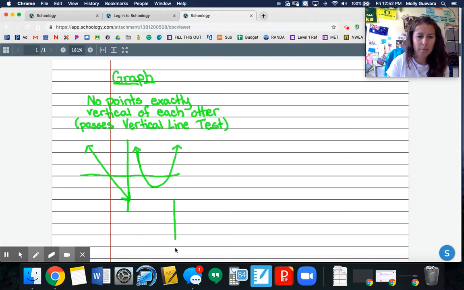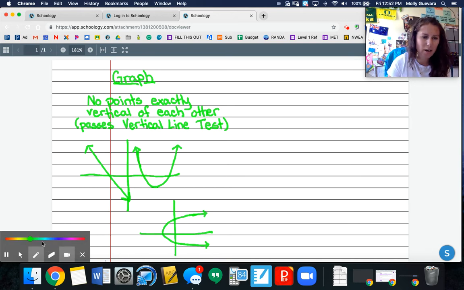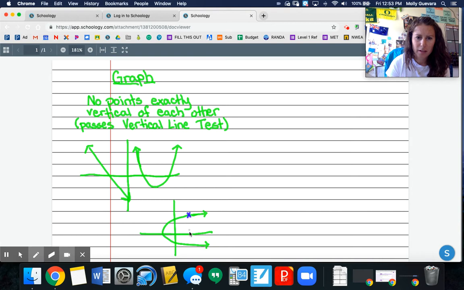A non-example, and I didn't leave myself very much room here, but that's okay, we can make it work. A non-example would be like a sideways parabola, right? So here's a sideways parabola. And I do have points that are vertical of each other. So if I get another color here, right? Like this point right here is exactly vertical from this point. And I can't have that, right?